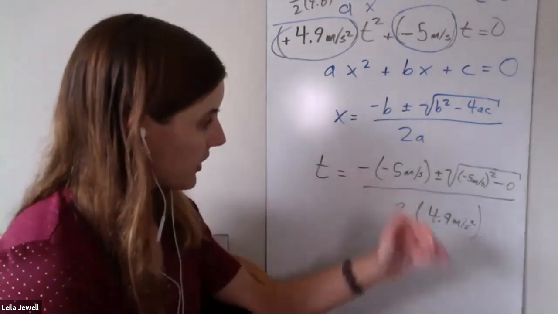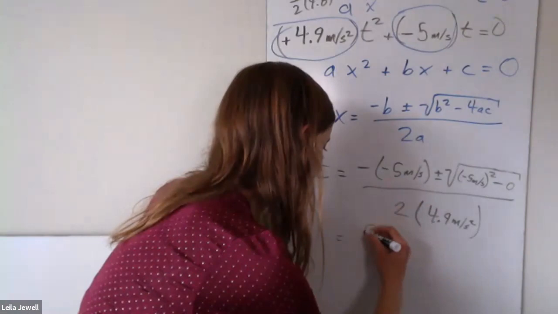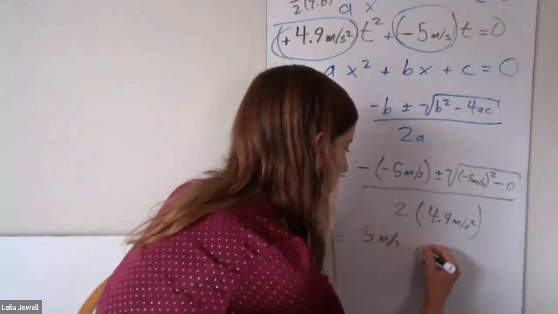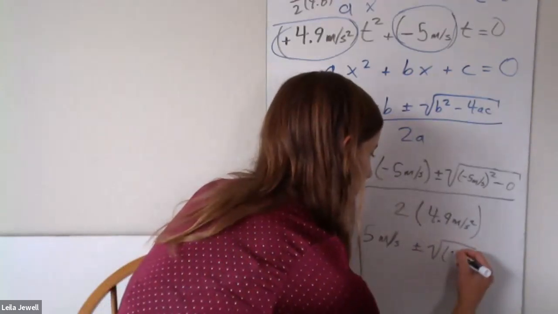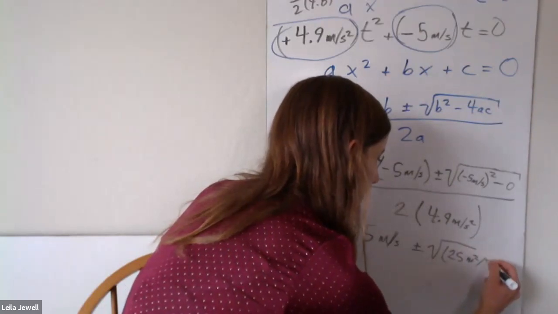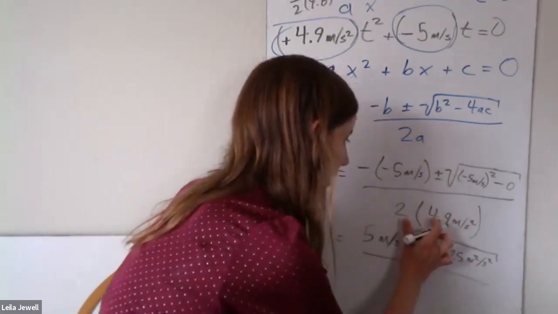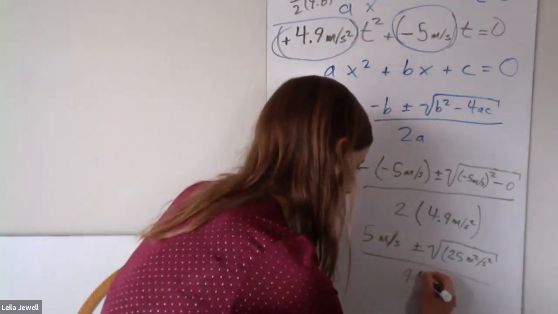So notice the negative and negative of the 5 becomes a positive. So I have that my time is equal to positive 5 meters per second plus or minus the square root of 25 meters squared per second squared. And then divided by 2 times 4.9 is actually just going to give me 9.8 again.